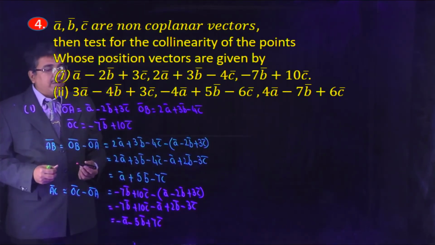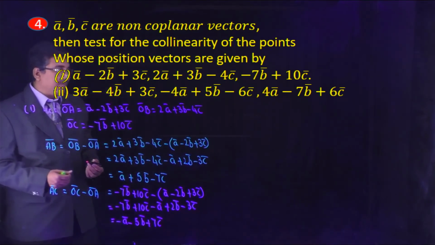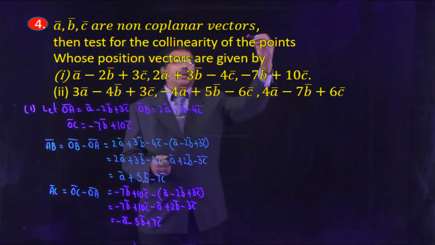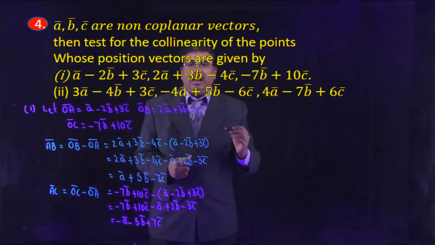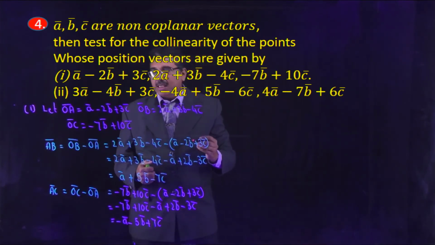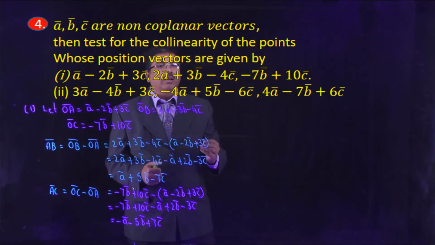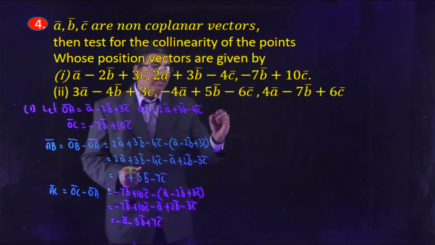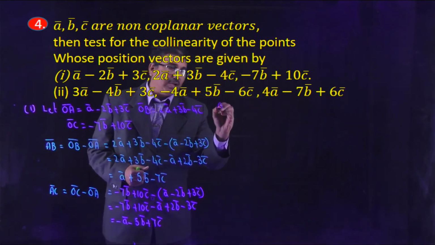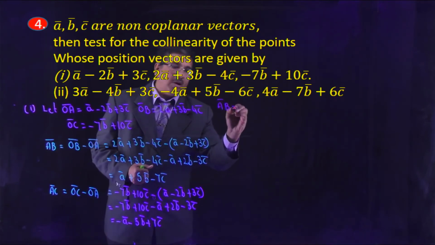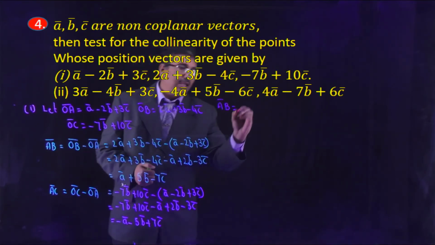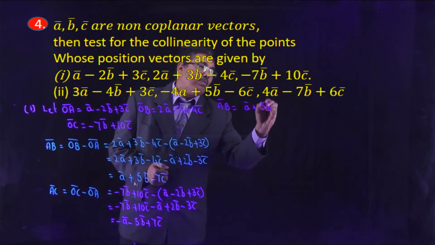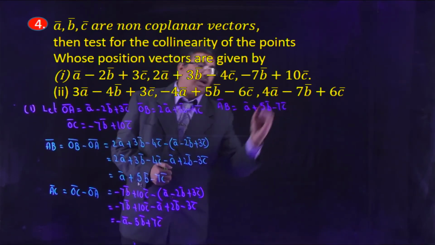Consider A1 by B1, A2 by B2, A3 by B3, right? What is the value of A1 by B1? See, AB bar is equal to A bar plus 5B bar minus 7C bar.